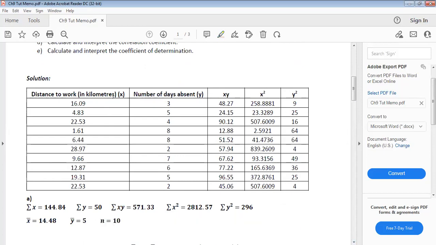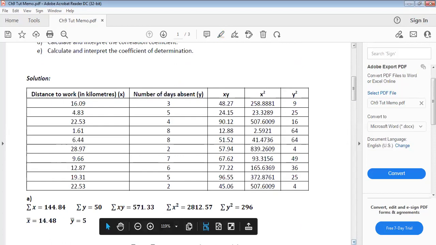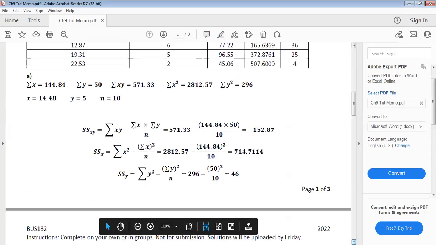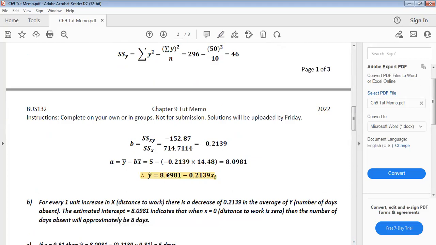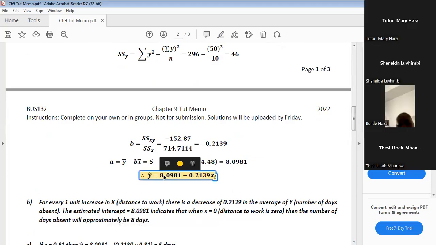You need to find the mean of X and the mean of Y. But our main goal, remember, is to find the regression line. The regression line equation is this one that is found here. That's what we want to find. So the first one, 8.01, is our A and 0.2139 is our B.